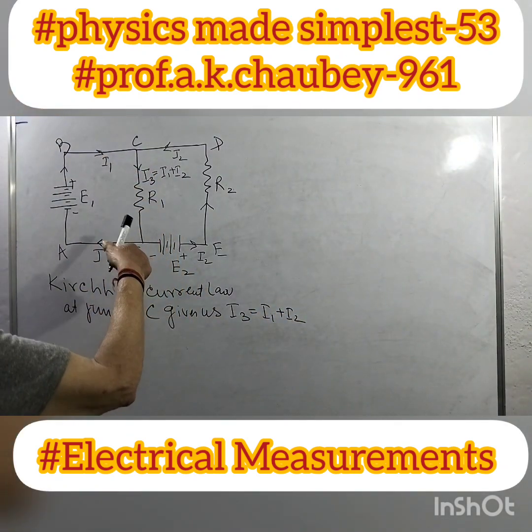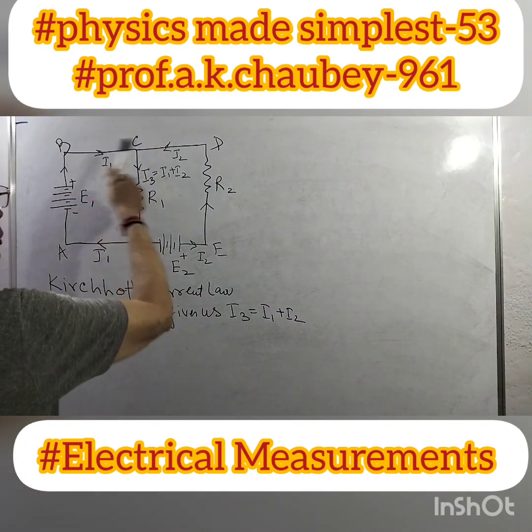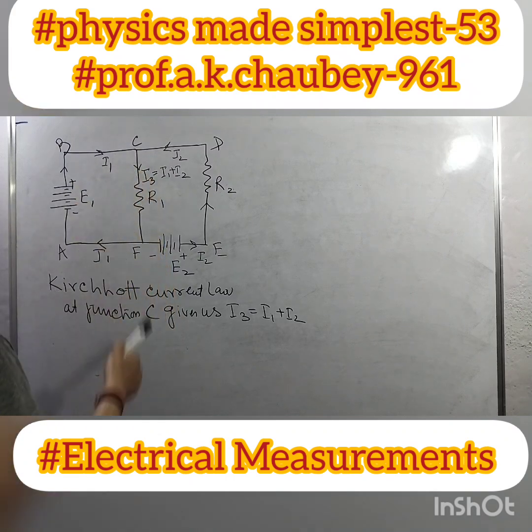So the current flowing in this R1 resistor, I3, is equal to I1 plus I2, two currents. No accumulation of charge here.